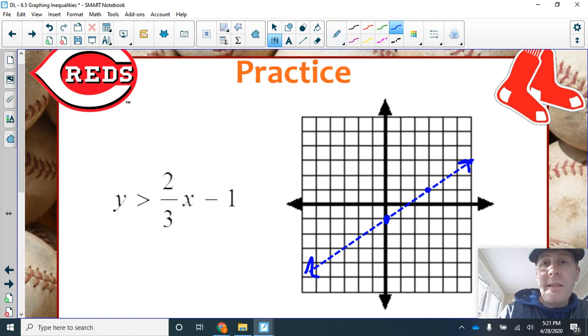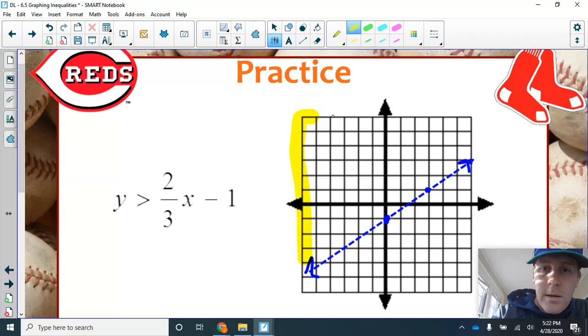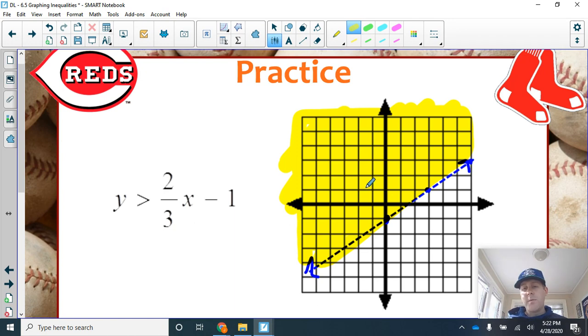So I could go to my highlighter. There we go. And I could highlight above that line, really go into detail, because now every point in this region would be a solution to that inequality.